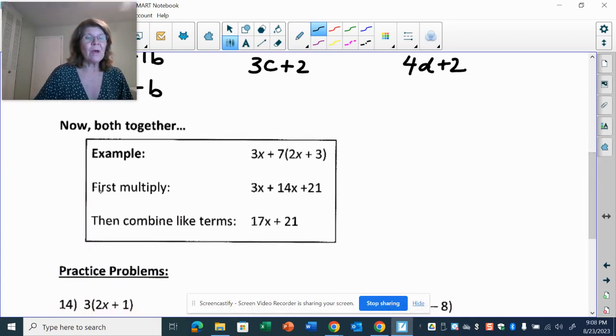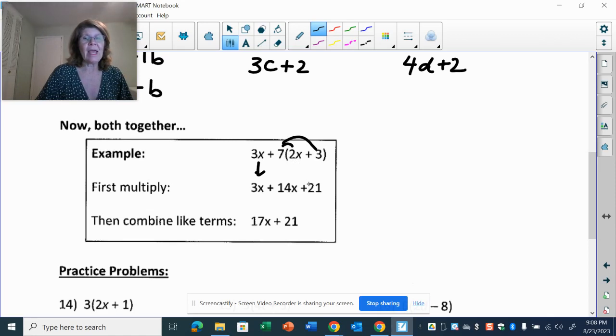Now, you can combine like terms after you do the distributive property. So if I have parentheses, I have to get rid of the parentheses first. So I would do my distributive property here, bring down the 3x, multiply 7 times 2 is 14, and I have the x, so it's 14x, and then 7 times 3 is 21.